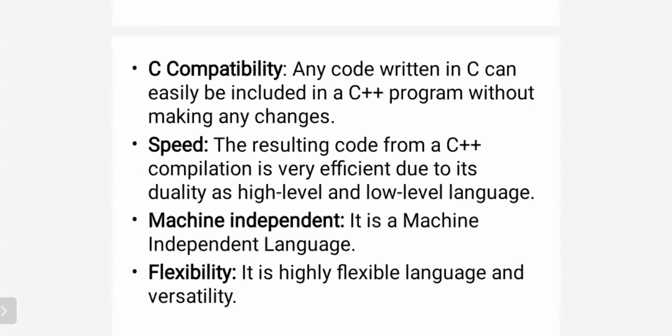So the speed is very high compared to the C language. The C++ language compiles the program from high level language to low level language in a fraction of a second.